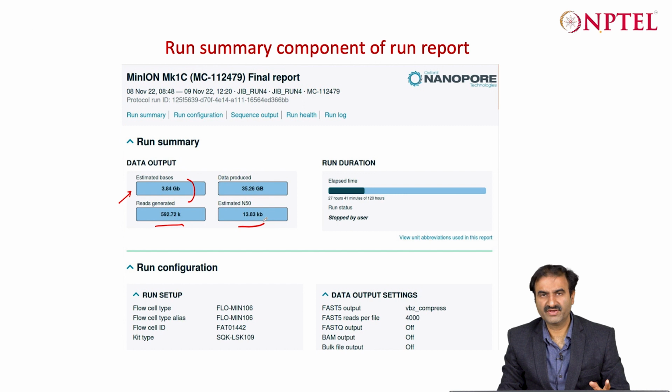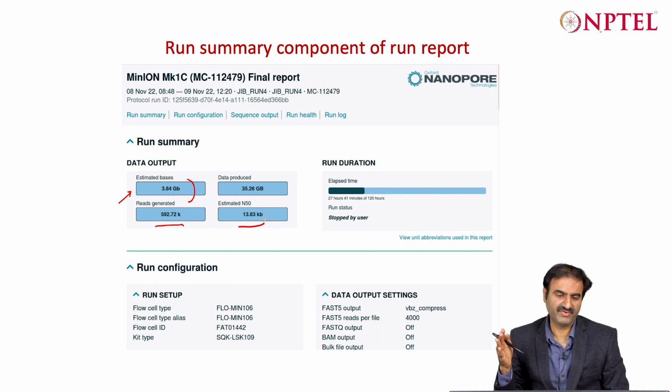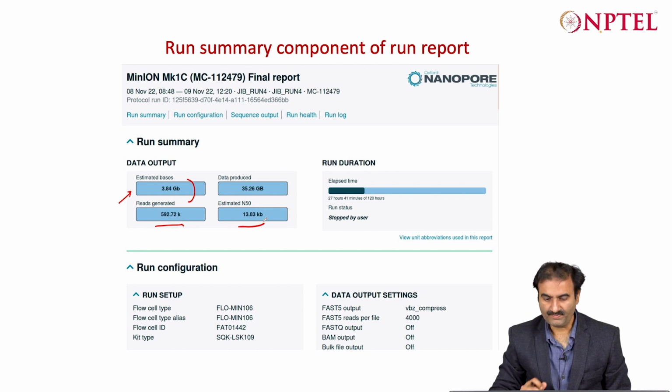Okay, N50 we discussed, it is the midpoint, or the point that covers almost half of your data. So basically higher N50 means that you have longer reads in your sample and the quality is better, right? It also tells how much time has elapsed.